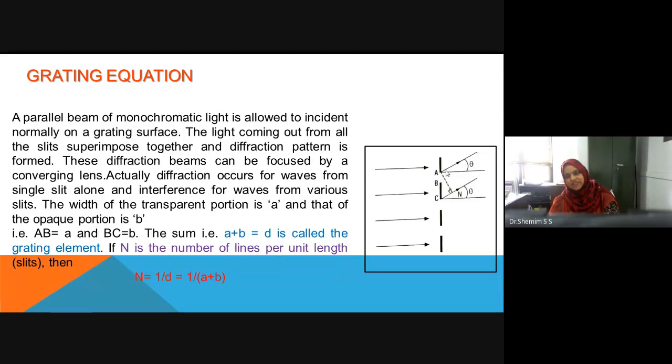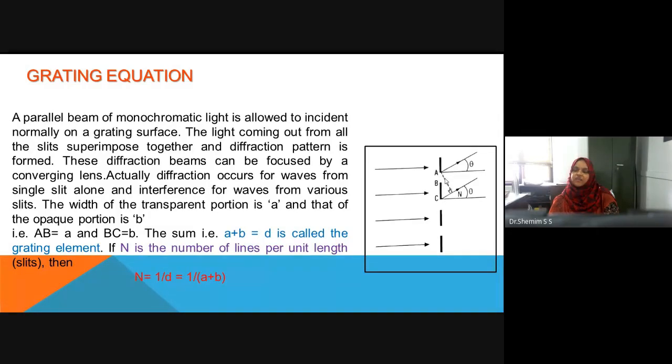So if this angle is equal to theta, this small angle, angle NAC, will also be equal to theta.